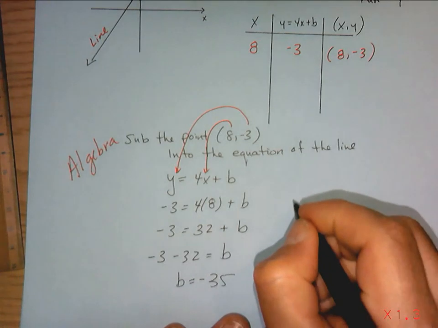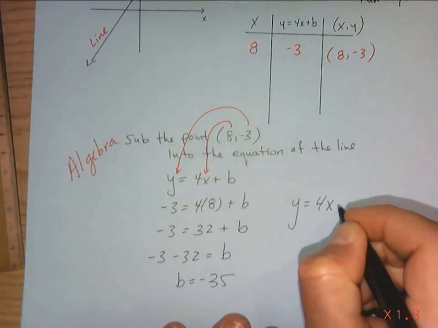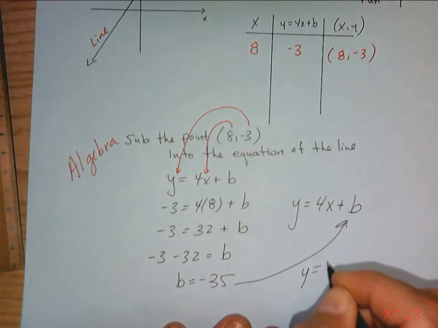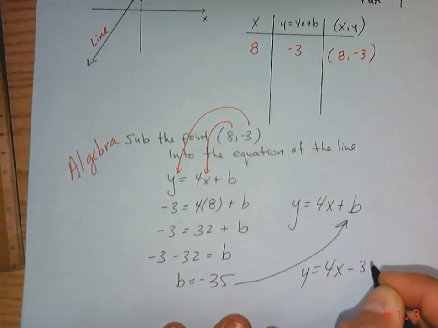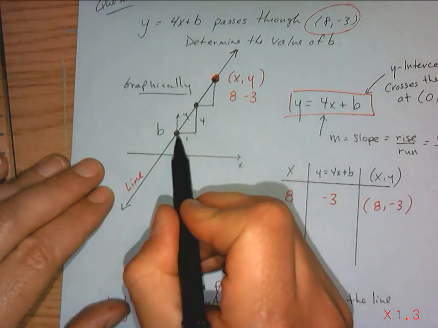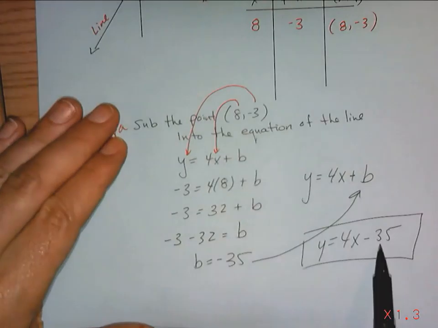So the equation y equals 4x plus b becomes y equals 4x minus 35. Now, my assumption that my b value was a positive number was incorrect. My b value is in fact a negative number.